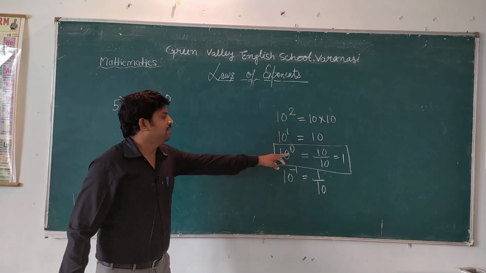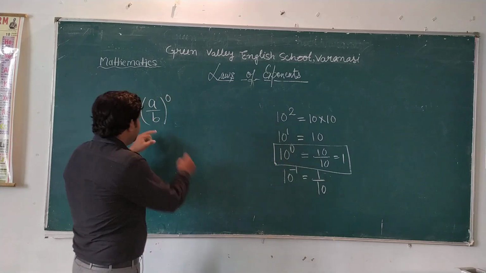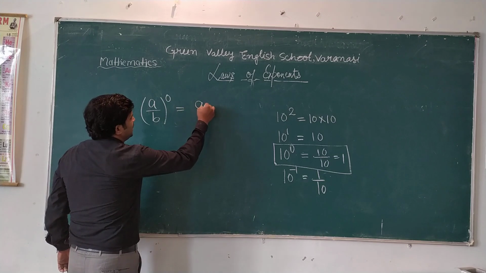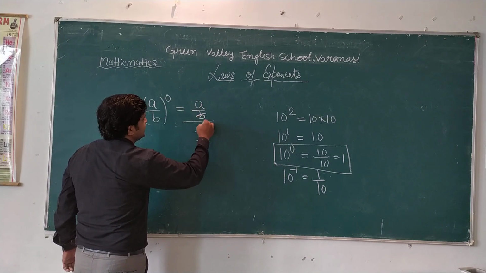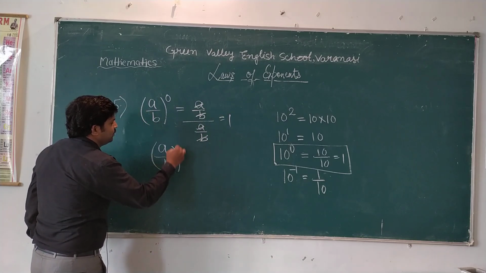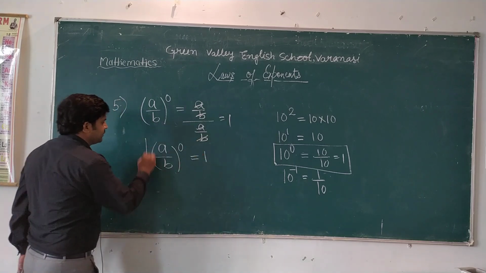It means base divided by the same number, a upon b divided by a upon b. b cancels, a cancels, equal to 1. That's why (a upon b) whole to the power 0 is equal to 1.